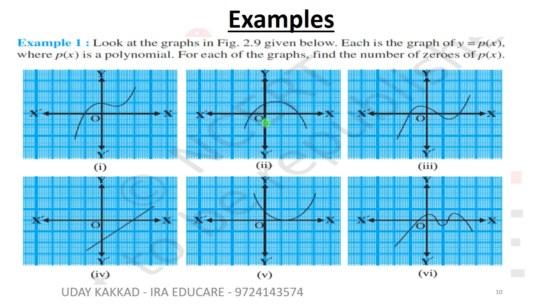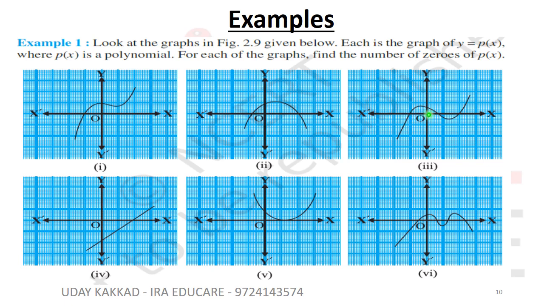Take another, question number 2. Here the example is given. So here 1 and 2. So here 2 points are there where the x-axis is going to intersect. So here the zeros of the polynomial are 2. Come to the third one.